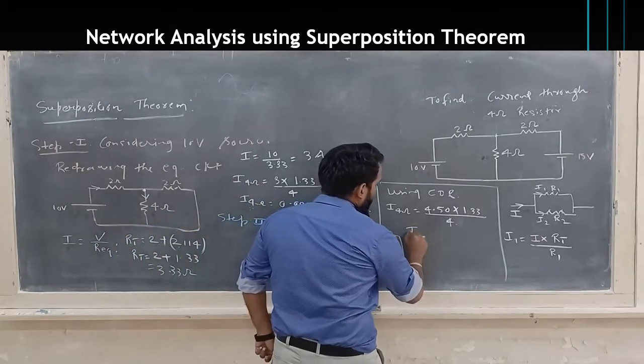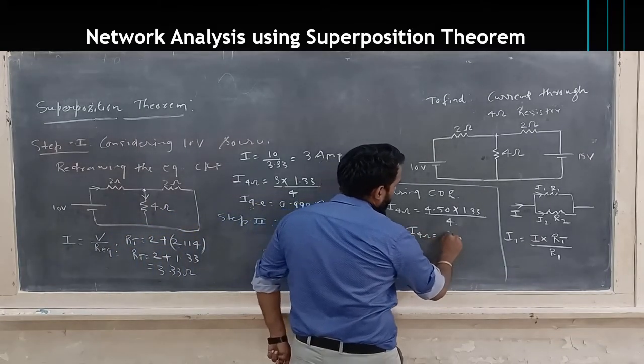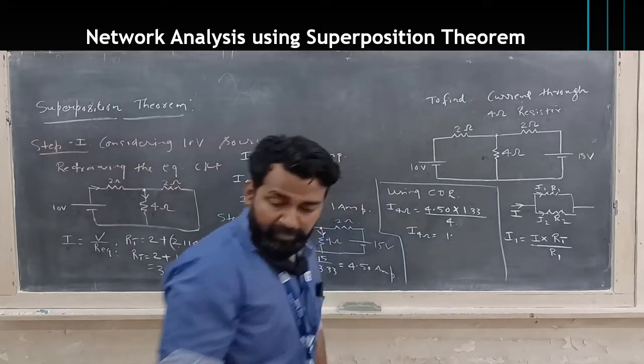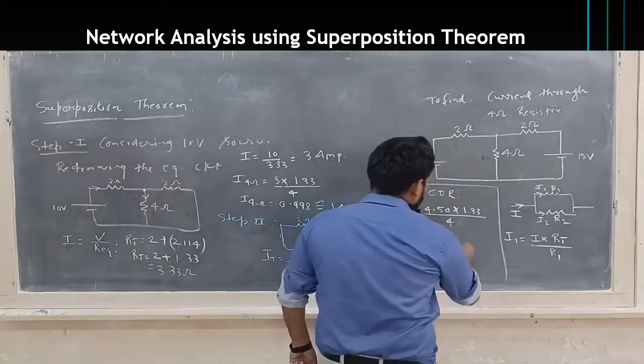So I through 4 ohm is nothing but 1.49 ampere.